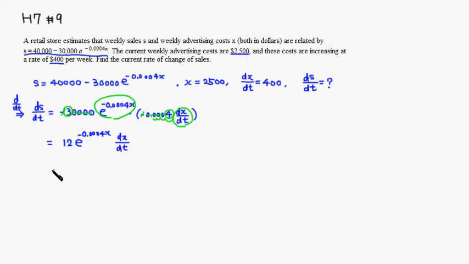So let's plug in the values. This is going to be 12 times e to the negative 0.0004 times 2500, since x is 2500, multiplied by dx over dt, which is 400. Let's simplify that.